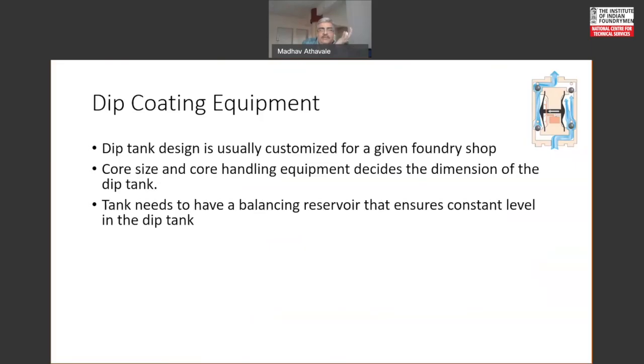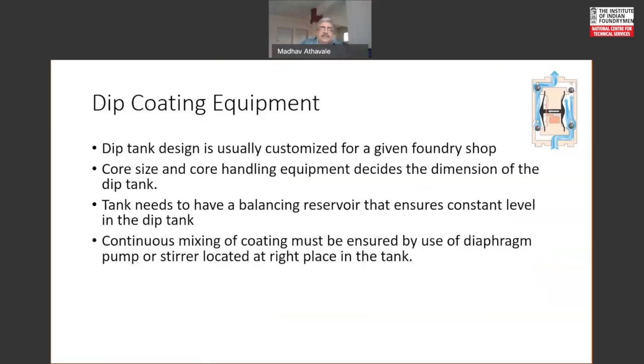Usually the tank will have a balancing reservoir to ensure constant level in the dip tank. There are 2-3 ways in which people do this. We will see it in the next couple of slides. Now, continuous agitation or continuous mixing of the coating must be ensured by use of either a diaphragm pump or stirrers located at the right place in the tank. This is very, very important. In other words, there should not be any dead zones in your coating tank.